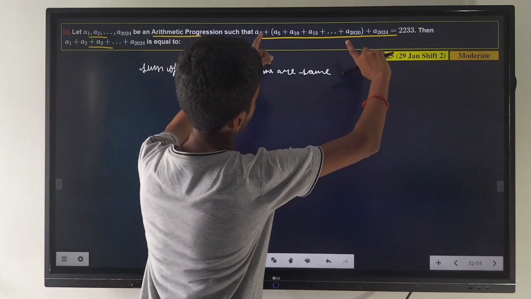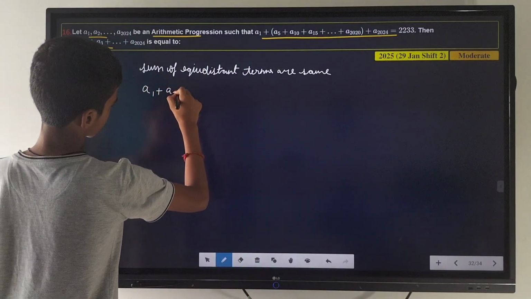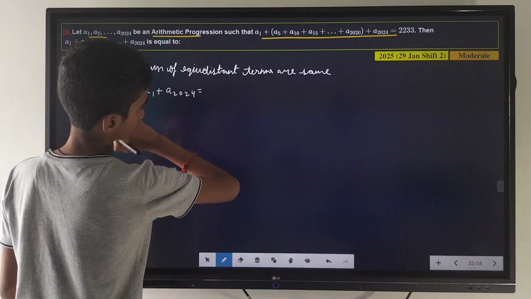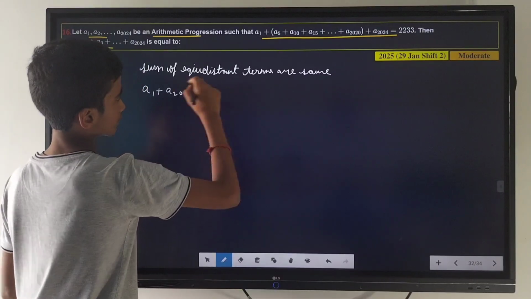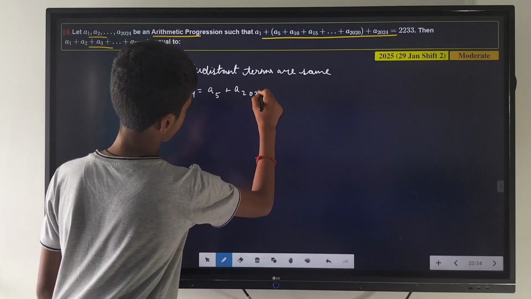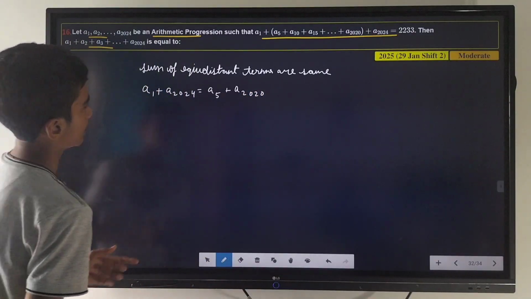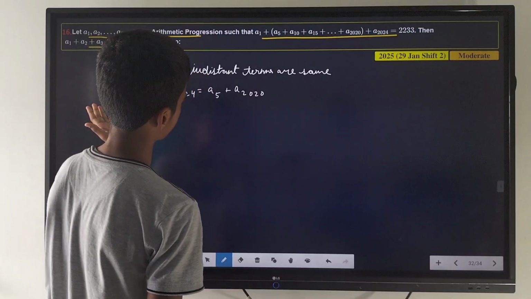So this means that a1 plus a2024 is equal to a5 plus a2020. Now the sum of a1 plus a2024 will be the same, and the numbers between a5 and a2020.